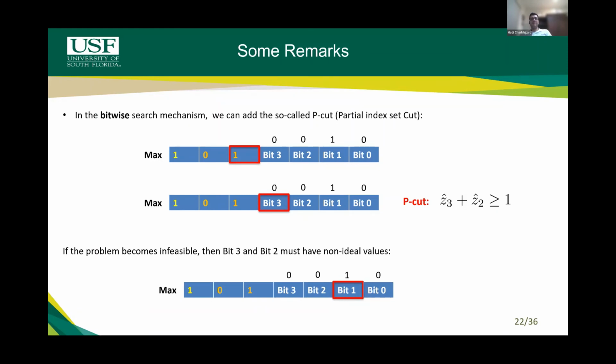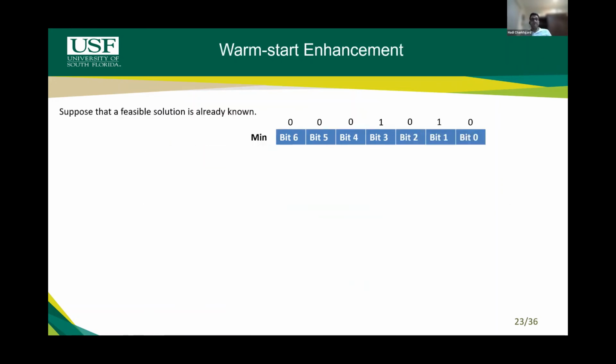Both of them should get the value of 1. And I can immediately go to bit number 1, and bit number 1 has the value of 1 here. That means it has its ideal value, so I don't even need to explore bit number 1. I can skip the optimization problem and immediately go to bit number 0.